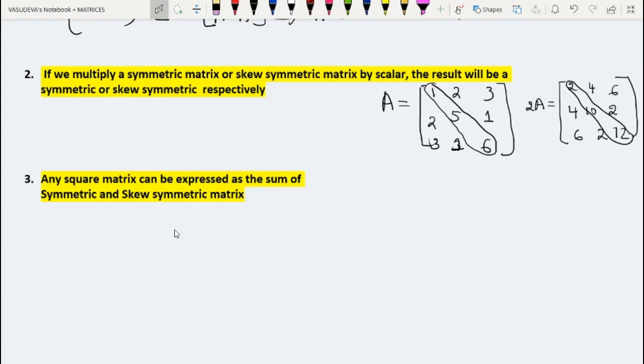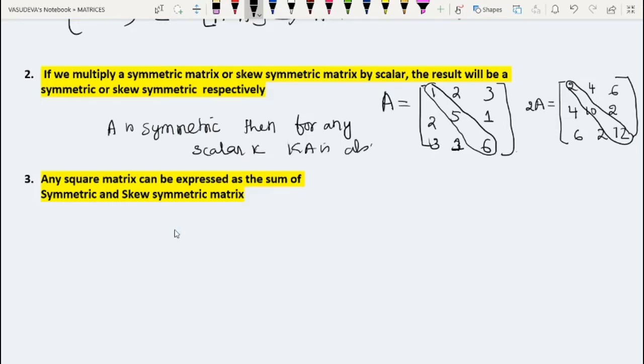So when you multiply a symmetric or skew symmetric matrix by any scalar k, the result will be a symmetric matrix. That is, if A is a symmetric matrix, then for any scalar k, kA is also a symmetric matrix.